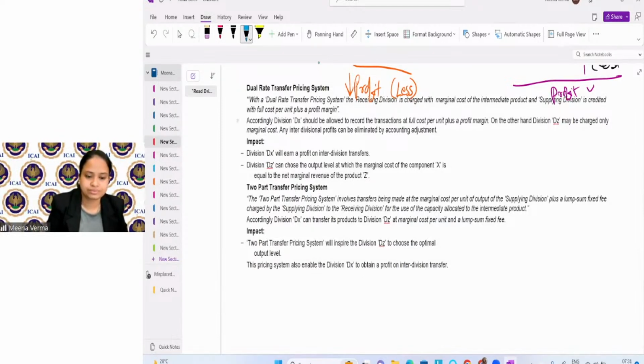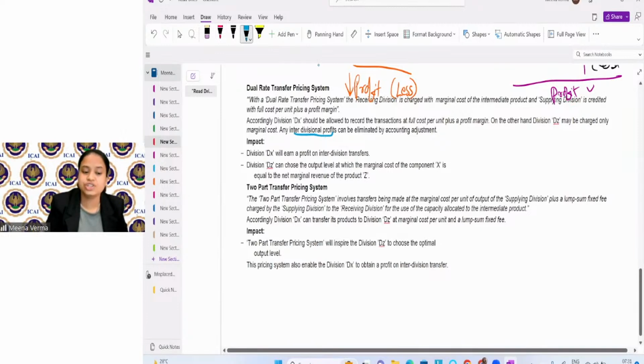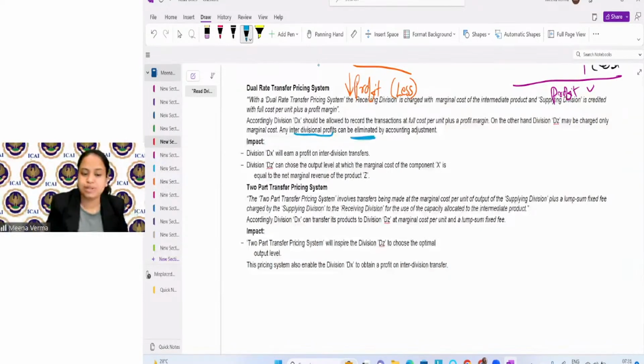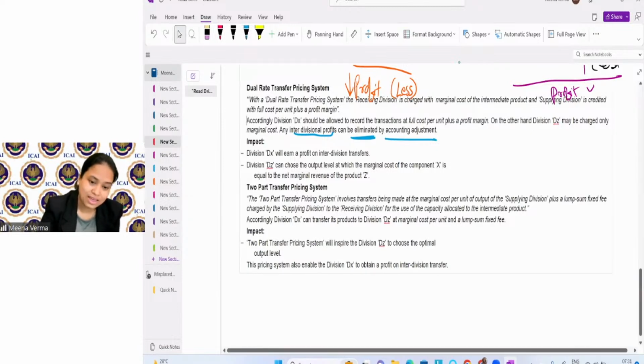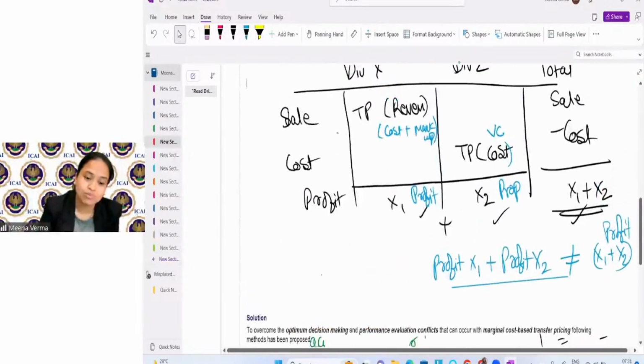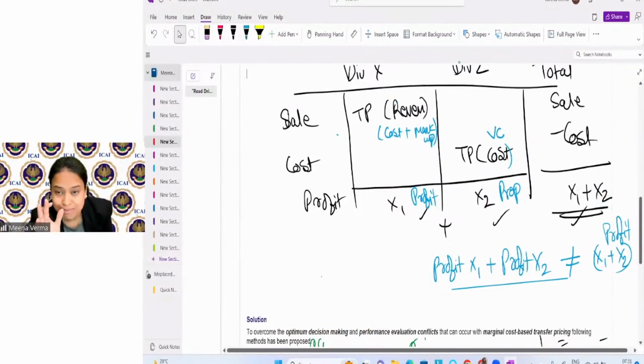Internal divisional profit can be eliminated by accounting adjustment. So you have to do some accounting adjustment. We are showing more profit, just keep it in mind, just to make the manager happy.